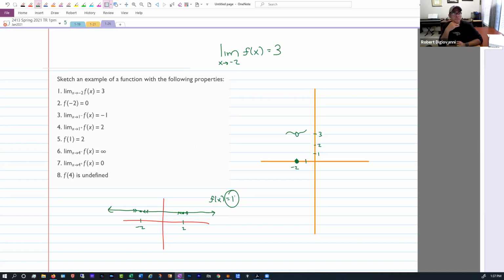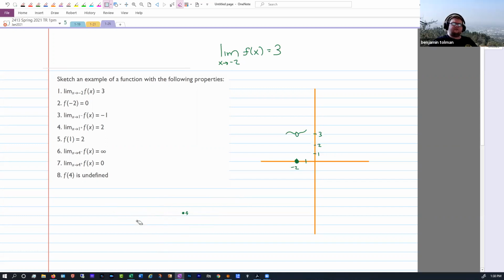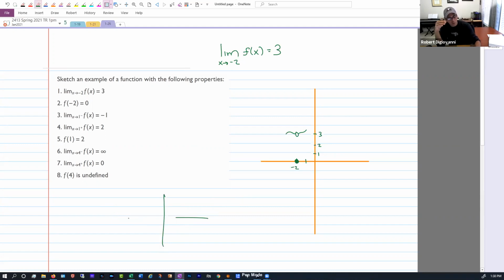Is that what you were asking? Yeah, and I was curious about vertical asymptotes too, like 1 over x, which would be approaching infinity at one point. That's right. If we graph 1 over x, which looks like this, and ask for the limit as x approaches 0 from the right, then we are going this way.